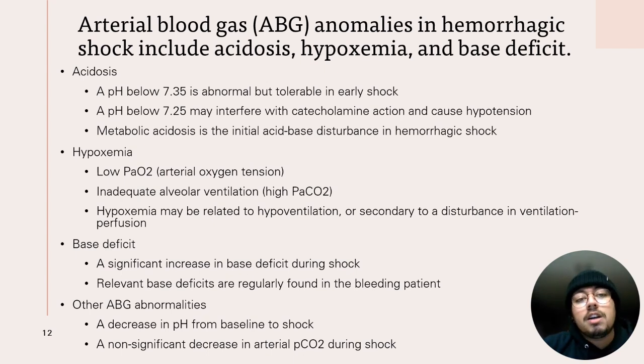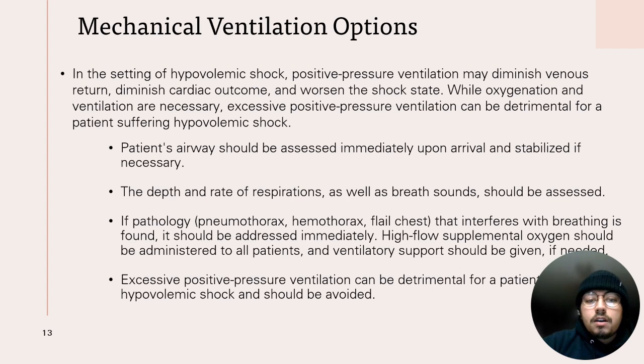You're losing bicarb, you're losing your electrolytes, things that you need to regulate your blood pH. Other ABG abnormalities are a decrease in pH from baseline to shock or a non-significant decrease in arterial PCO2 during shock.